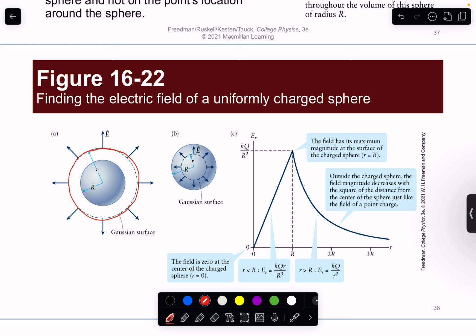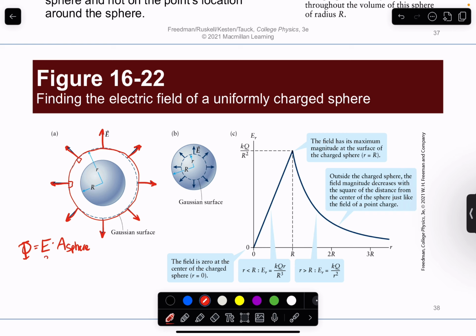Without knowing what E is, what I know is the direction of E, and that everywhere around that surface, the direction of E is perfectly perpendicular to the surface. So I know that the total flux through this red surface is going to be whatever E is times the area of the sphere.